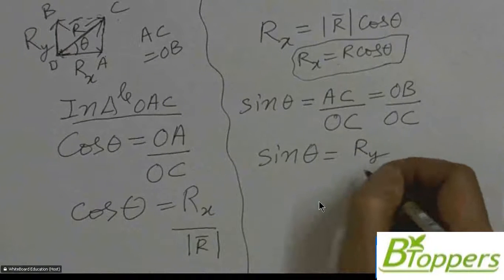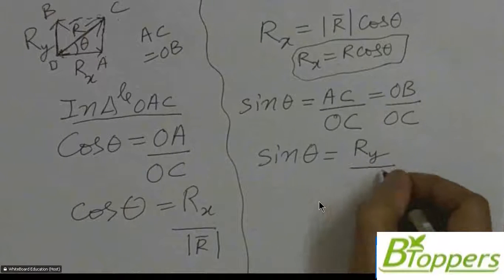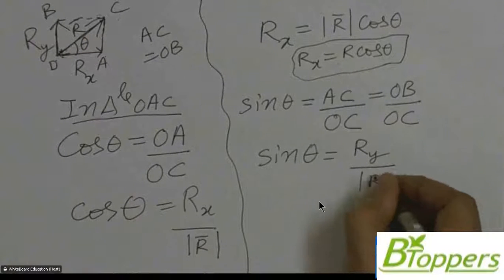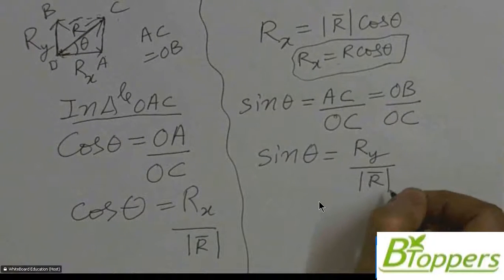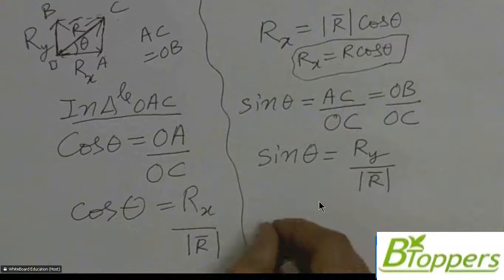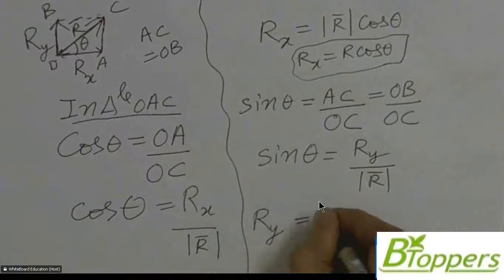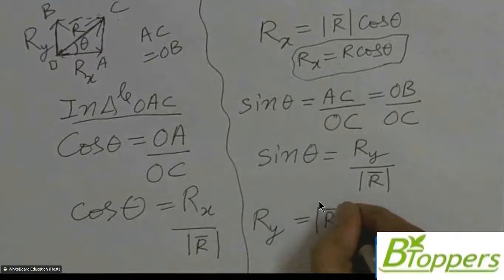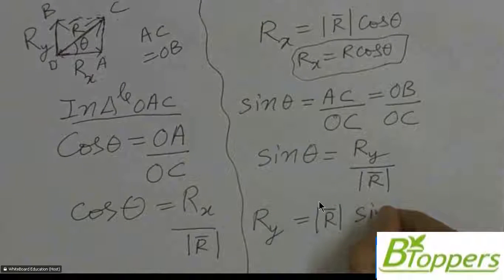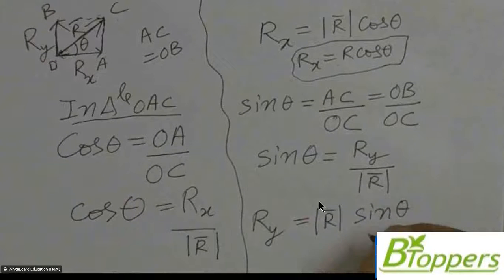So sin theta can be written as ry by modulus of vector r bar. So ry can be written as modulus of vector r bar into sin theta, that is, ry equal to r sin theta.